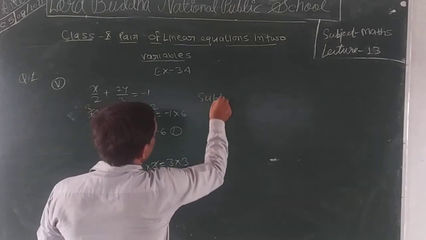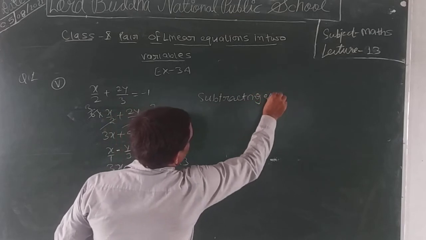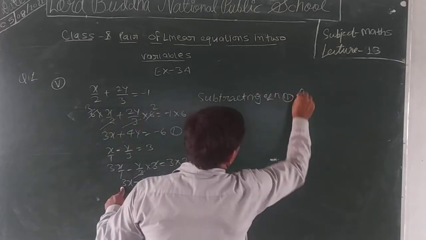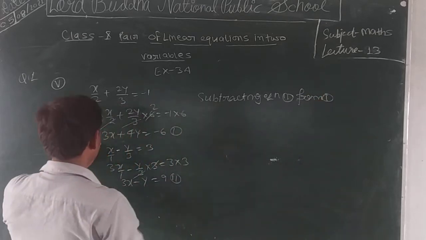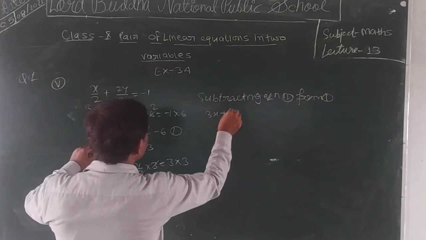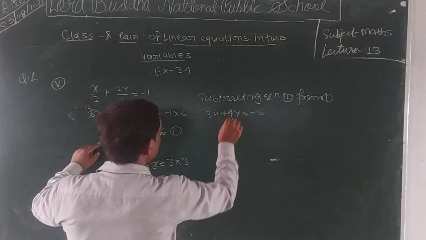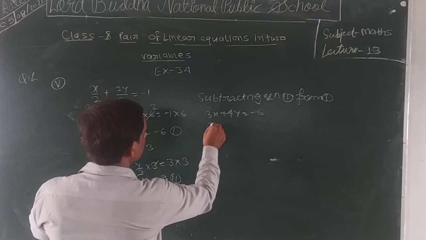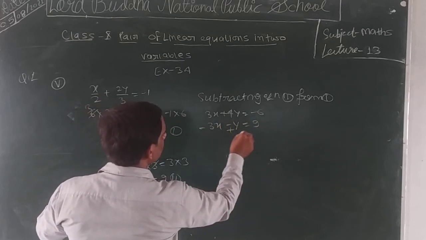Hence, subtracting the second equation from the first, we get 3x plus 4y equal to minus 6, minus 3x minus y equal to 9, signs change to minus, plus and minus.